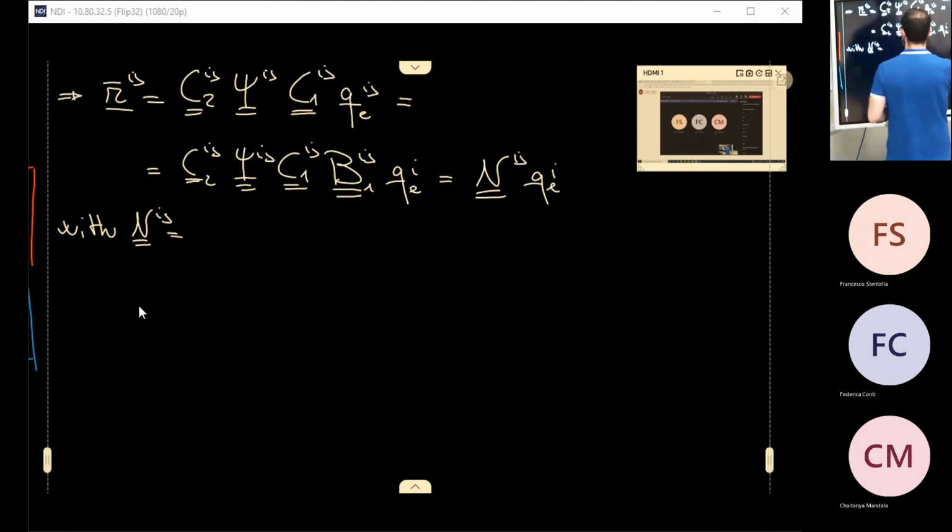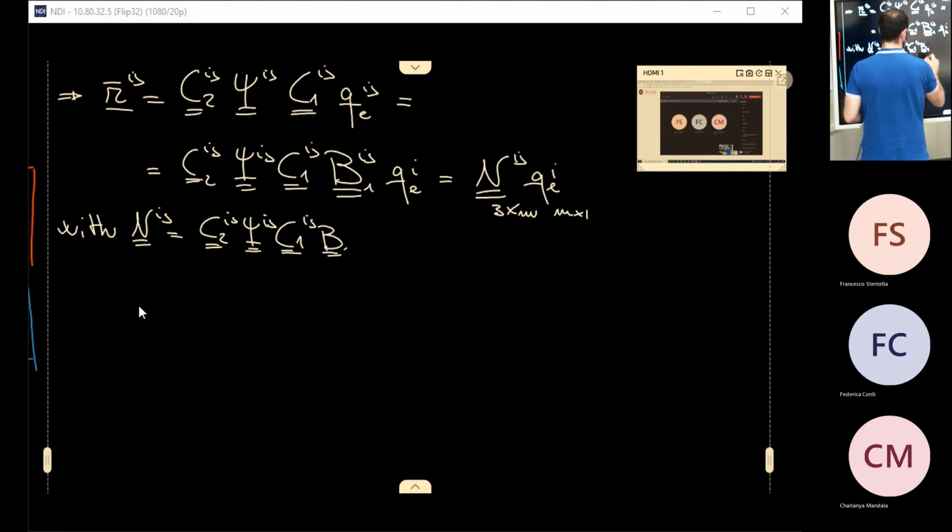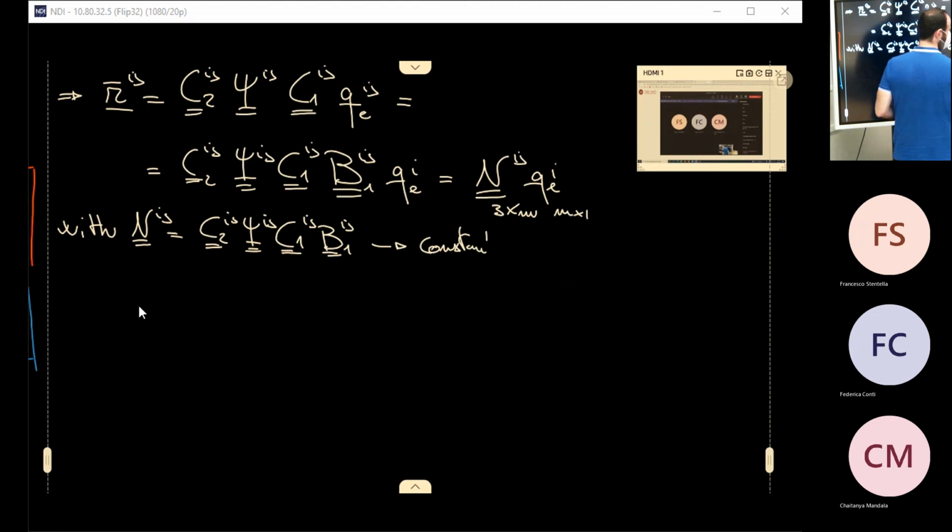And this is again what? The 3 times M. Well, this is M times 1. So eventually, I was able to introduce, this is a constant matrix, meaning that you calculate it once and then you're done for each element.